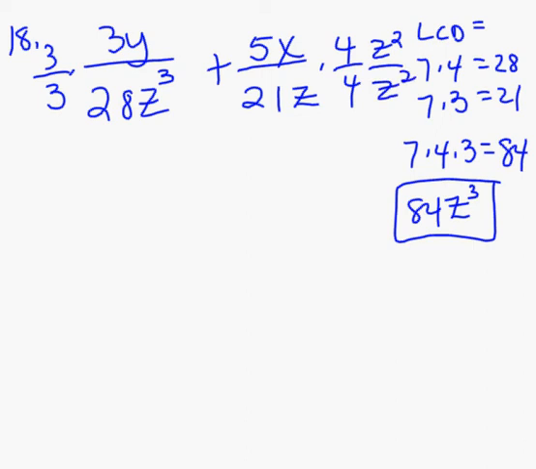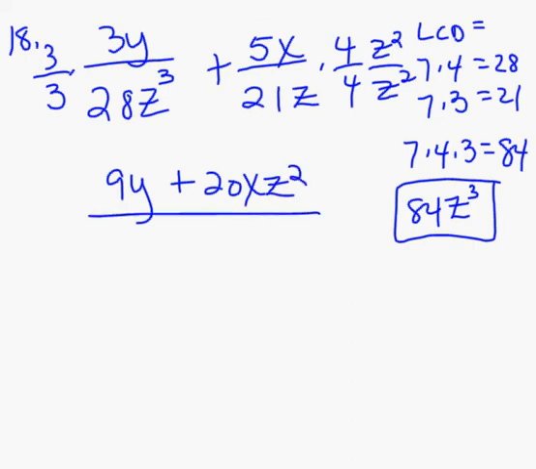So now 3 times 3y is 9y, plus 5x times 4z squared is 20xz squared over my already common denominator of 84z cubed, which is what I get when I multiply 3 by 28z cubed, and also what I get when I multiply 21z by 4z squared.